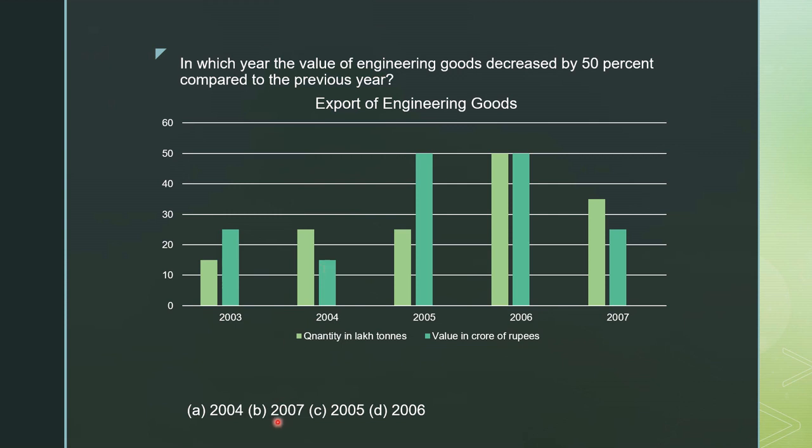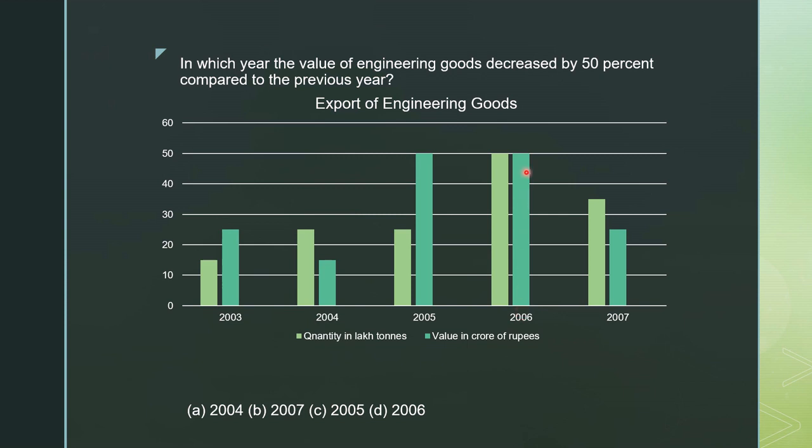Next option is 2007. When we consider 2007, the previous year is 2006, so we compare 2007 with 2006. In 2007 the value of engineering goods is 25, and in 2006 it is 50.